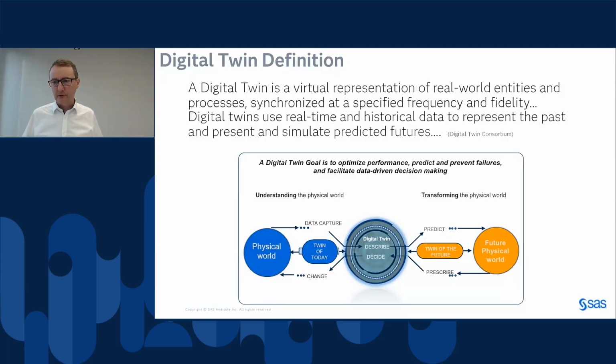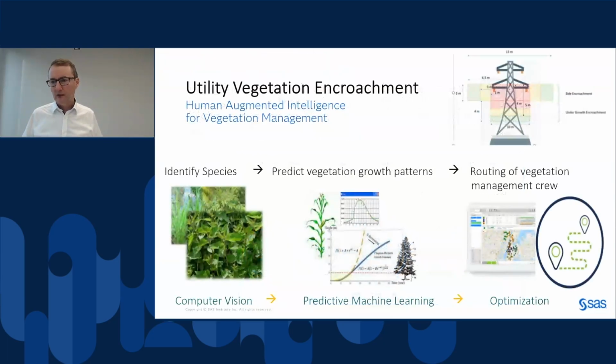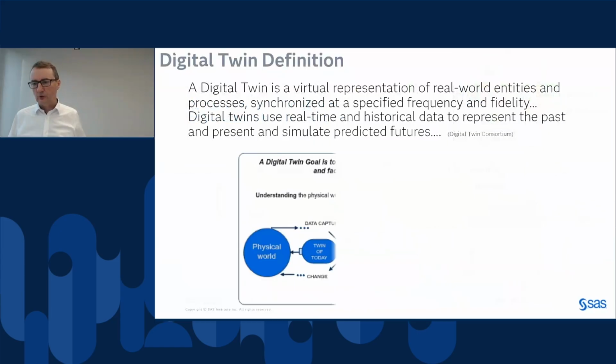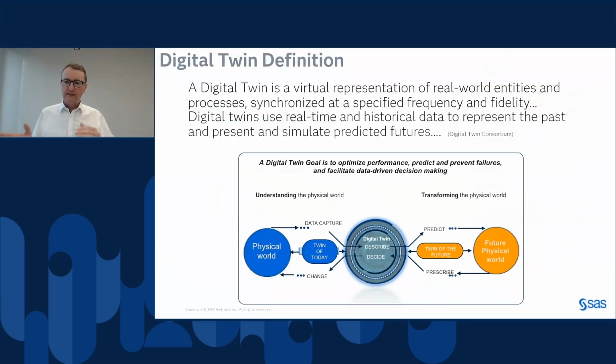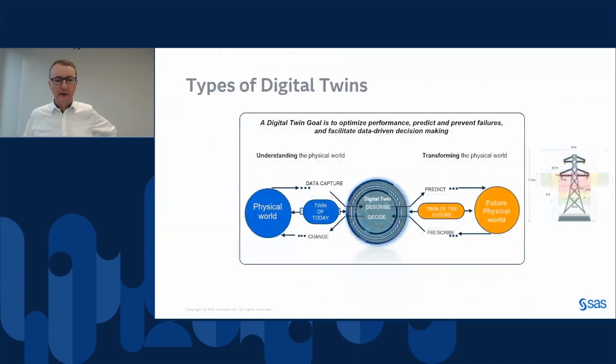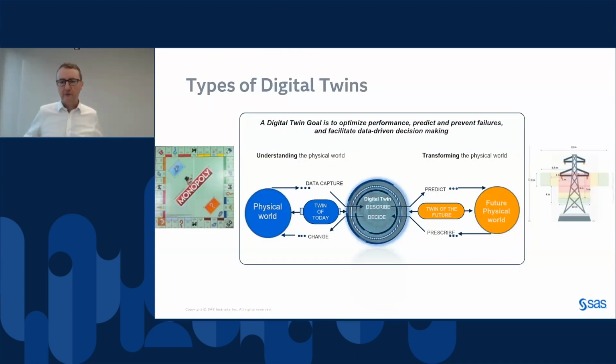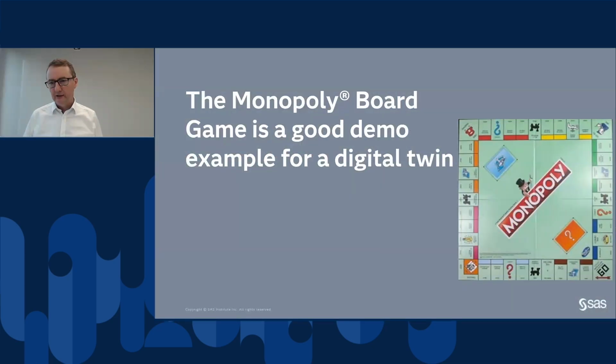In our example, we are going to take a look at what it means to build a digital twin of today. And with of today, I mean how can we build the digital twin for the Monopoly board game, which you see on the left. So let's jump directly into that.